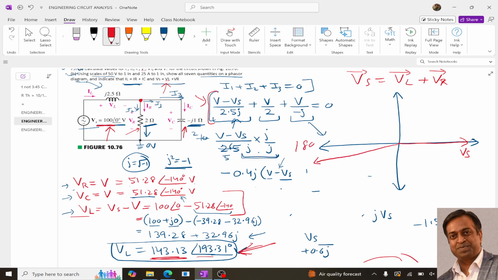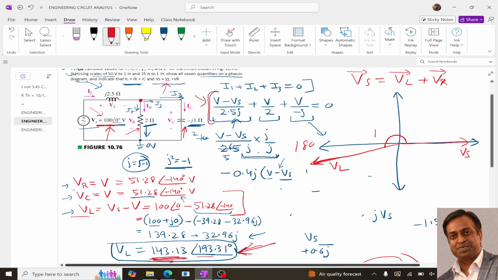And since the length of this VL is 143, it is more than that of VS. So the length of the vector should be more. So it is VL, and this angle is 193.31.